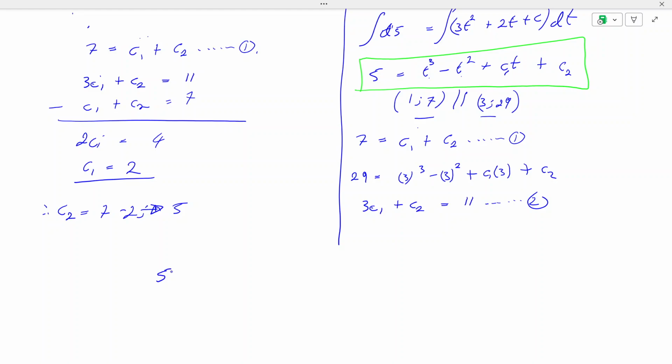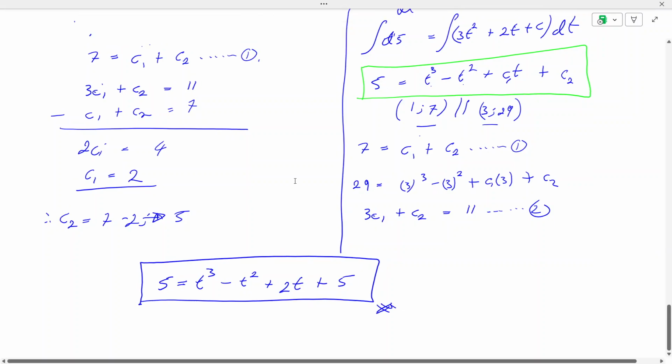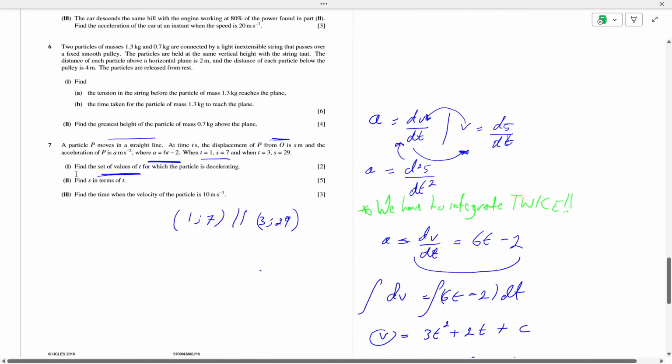So s is equal to t cubed minus t squared plus c1 t plus c2, so substitute 2 for c1, plus 5 for c2. All right, then that's our final equation. That's it. We found s in terms of t, right?